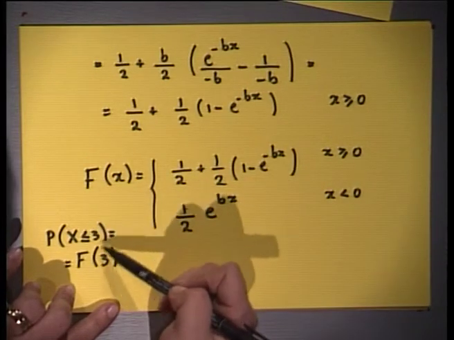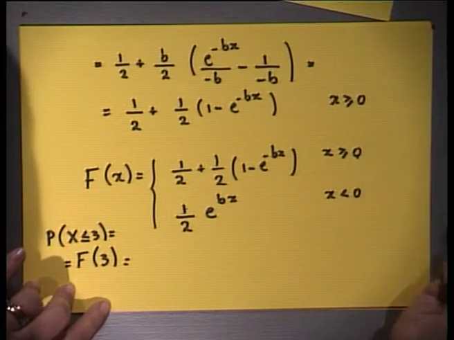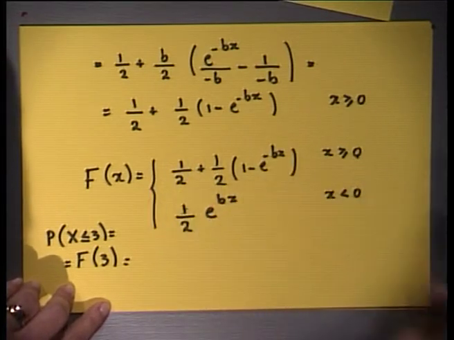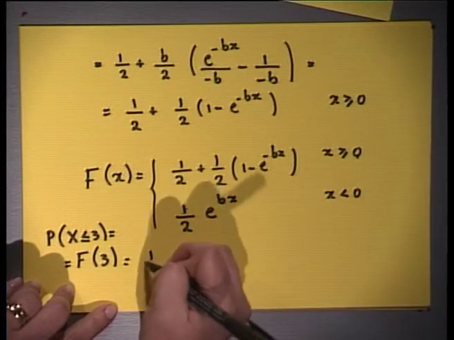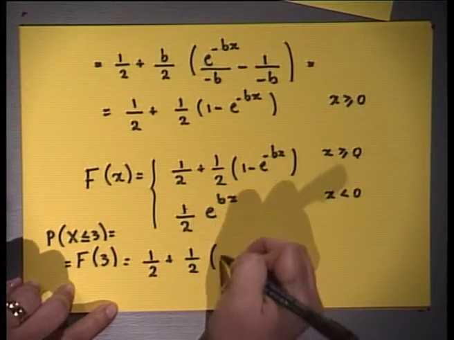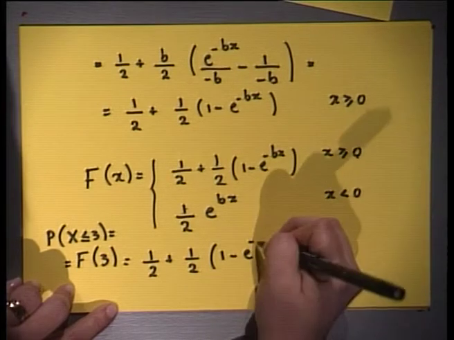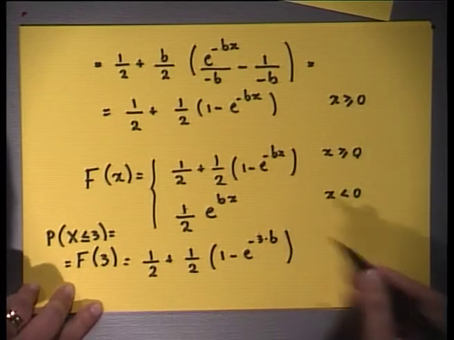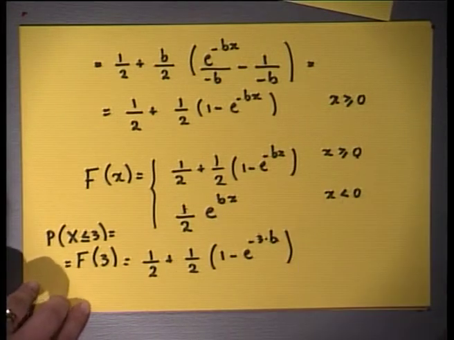We see that 3 is greater than 0, so we should use this part of the cumulative distribution function, and this will be equal to half plus half times 1 minus e to the minus 3 times b. Given a value of b, we can calculate this number.